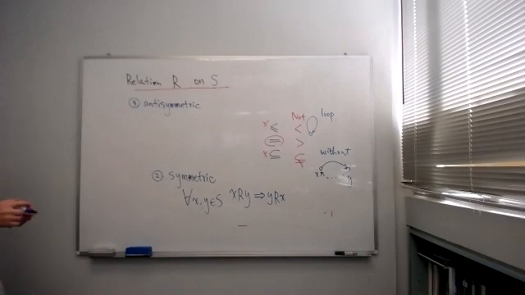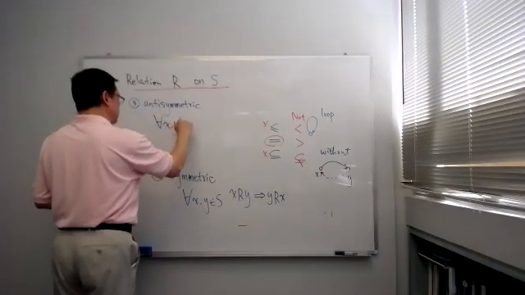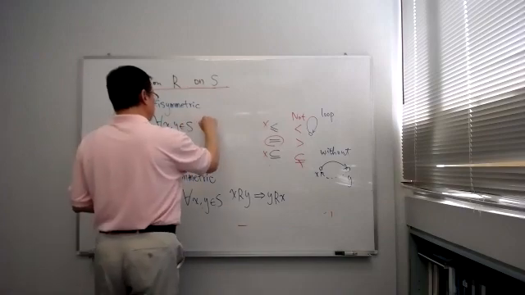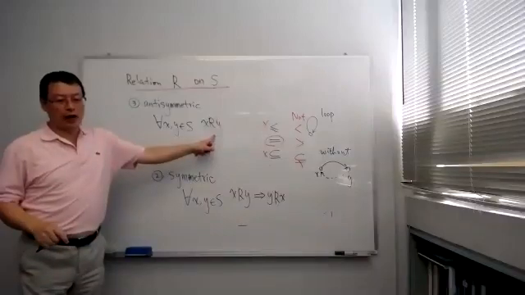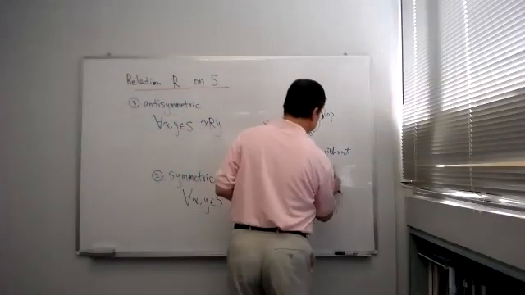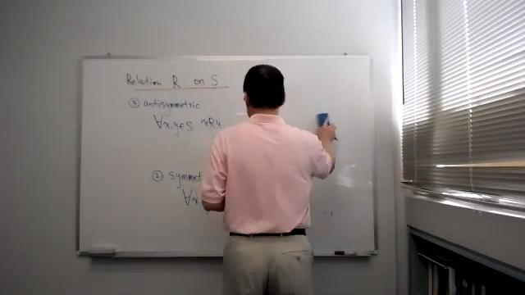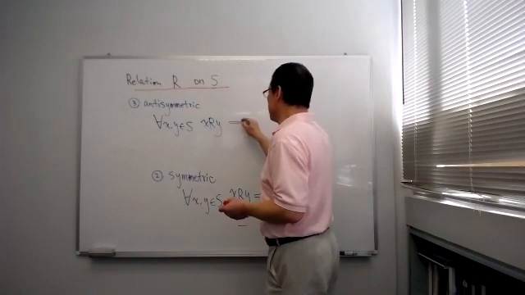That means if X is related to Y, then Y should not be related to X. If X is related to Y, then Y is not related to X.